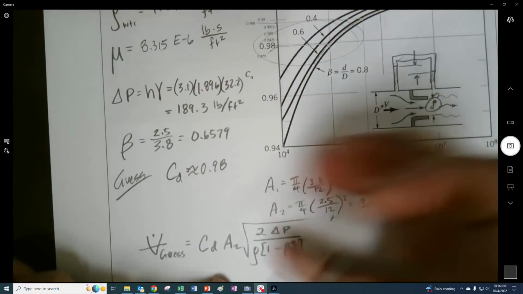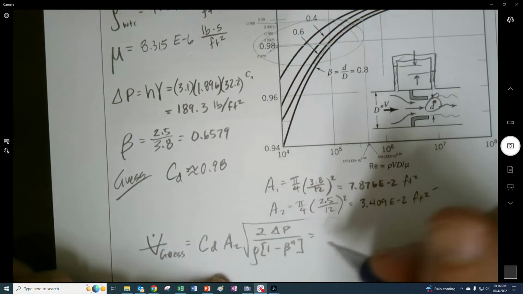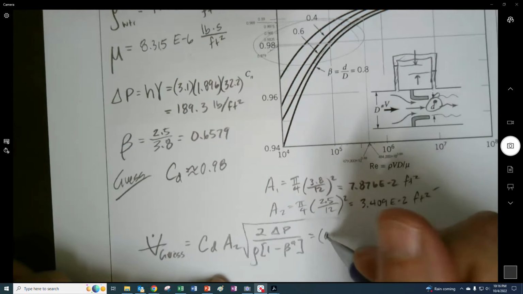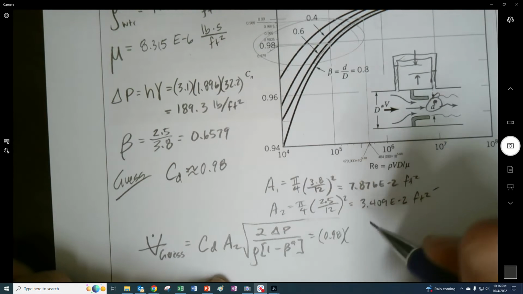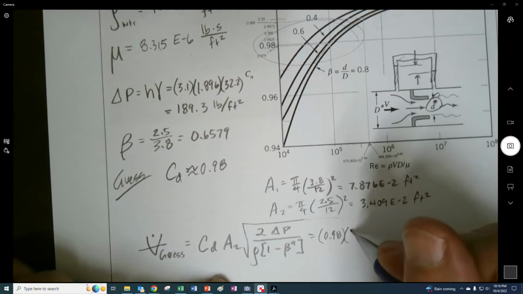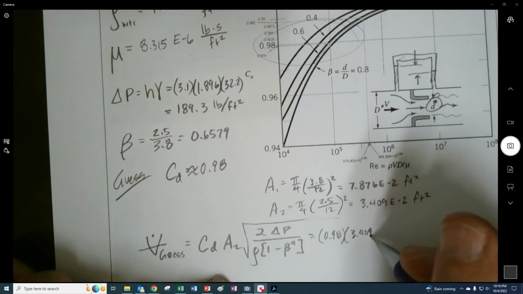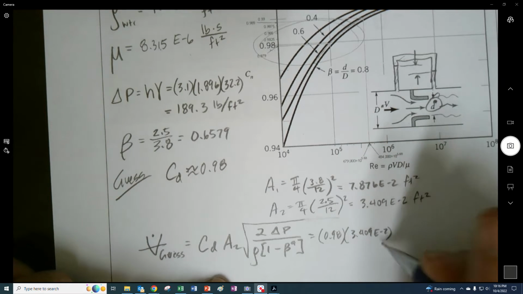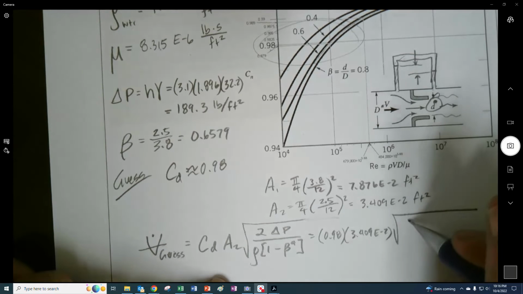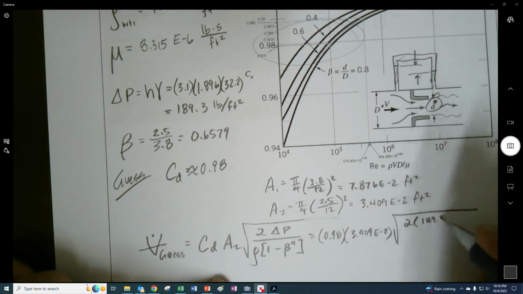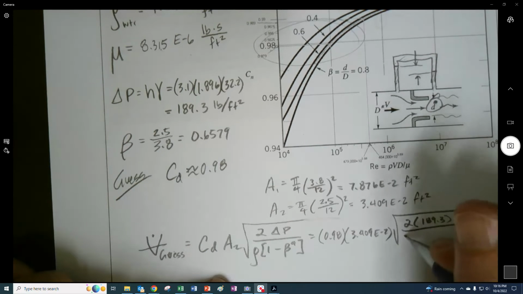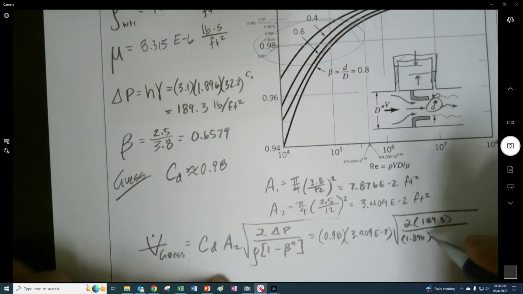Right. Get rid of some of that. So here's our guess. 0.98, area 3.409 e minus 2, square root of 2. And then we have the 189.3. The density 1.896 in slugs.